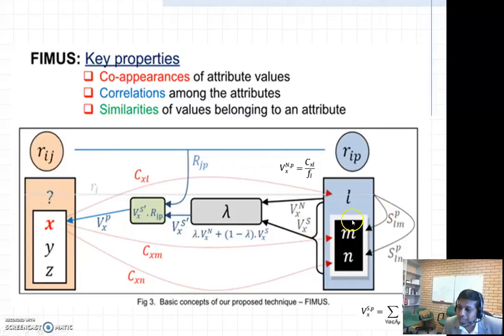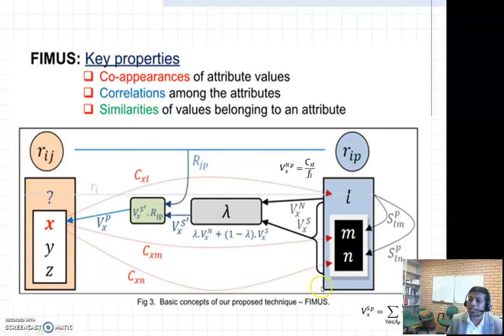Now we also take another thing into consideration: in this particular record L appeared, but other possible values for this attribute P were M and N. So what is the coappearance value for M and X? We also know CXM from the coappearance matrix.